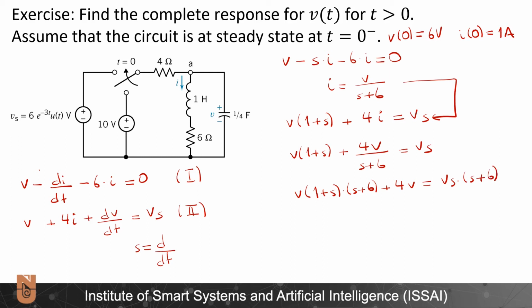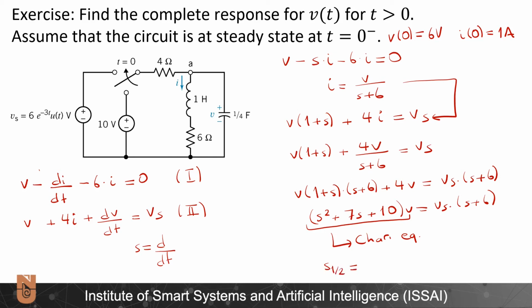And from here I can collect the terms and write (s squared plus 7s plus 10)V is equal to Vs times (s plus 6). This is my characteristic equation, and I can solve for the roots of it. s1,2 will be equal to minus 7 plus or minus the square root of 49 minus 40, divided by 2, and the square root is 3.